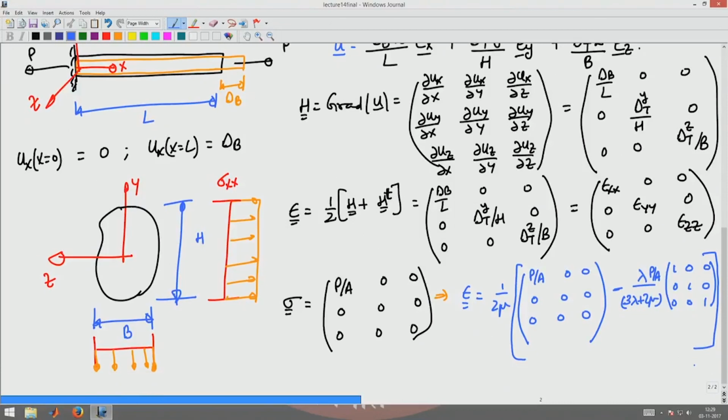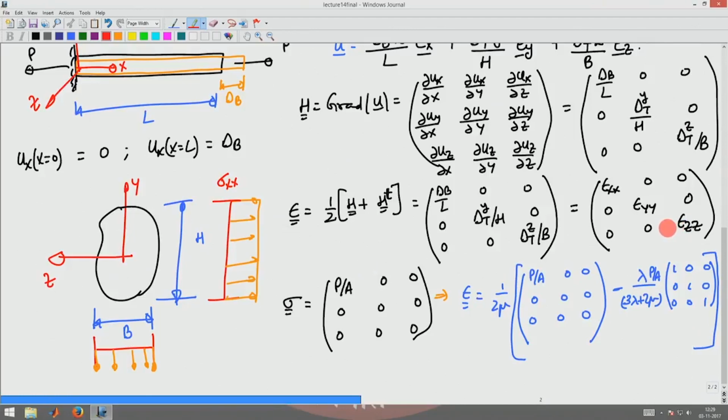Okay. So, I equate the strain obtained here to the strain matrix here. You can see only the diagonal terms are non-zero, as we obtained from the assumed displacement field.